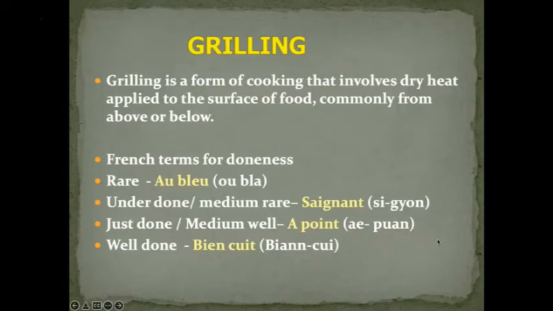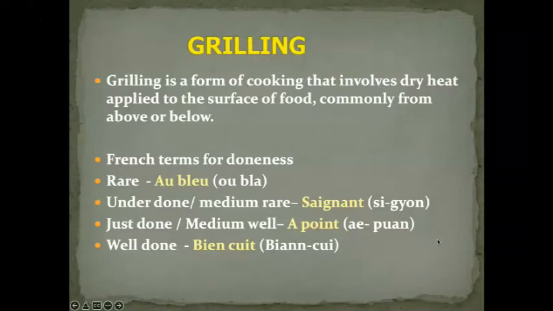There are French terms for this, and this is very important because when you sit for interviews or exams, people generally ask you what the different French terms of doneness are. Okay, so there are different French terms of doneness.